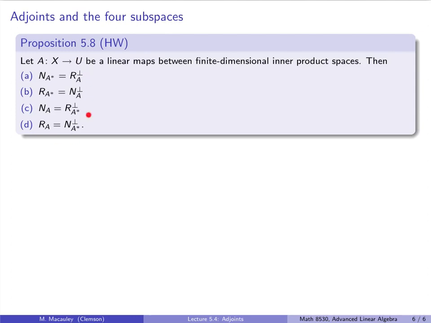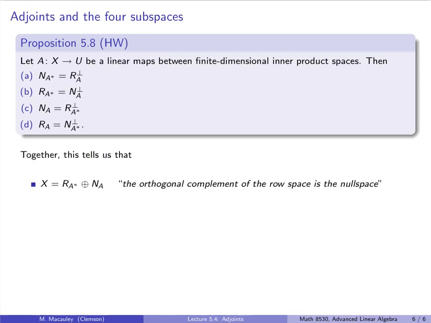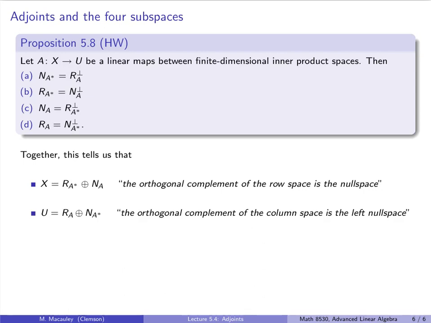So algebraically, it's a big mess. It's hard to figure out what this is really saying. But together, this tells us that the domain X is the direct sum of the range of A star and the null space of A, or in matrix language, the orthogonal complement of the row space is the null space. And the codomain U is a direct sum of the range of A and the null space of A star.